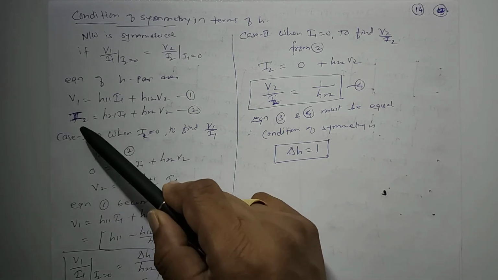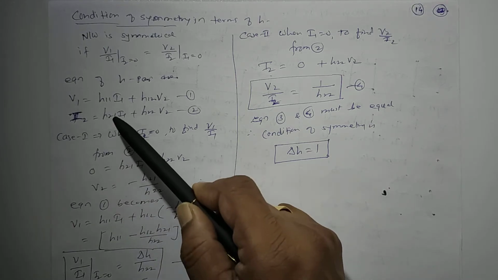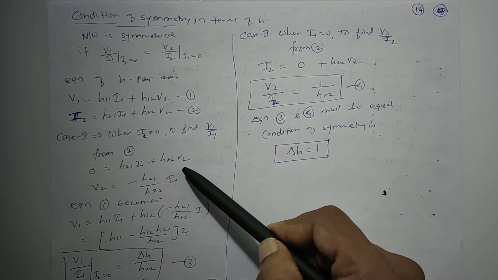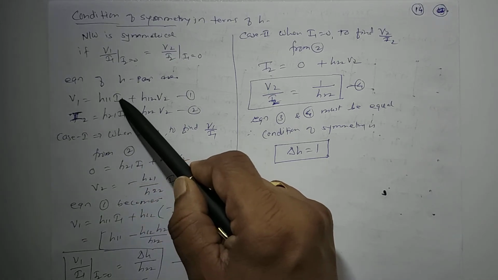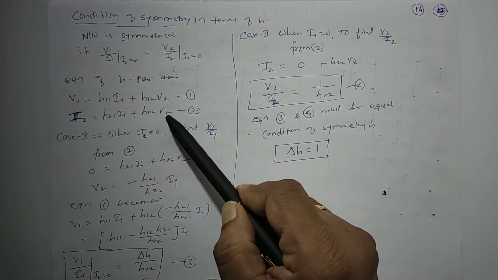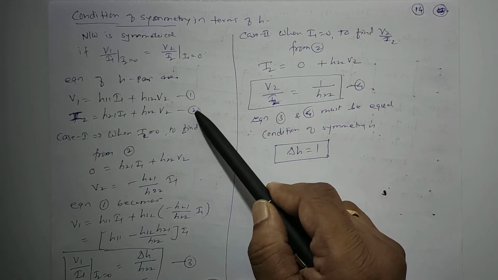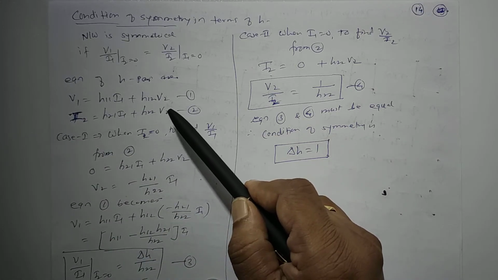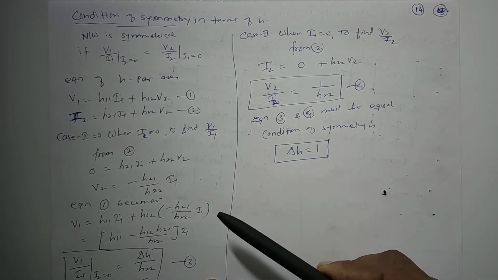So from equation 2, when I2 is equal to 0, we get H21 I1 plus H22 V2. We get the V1 upon I1 ratio from equation 1 only when we replace V2 from equation 2. So we obtain V2 from equation 2 and put this value of V2 in equation 1, and then we obtain V1 upon I1.